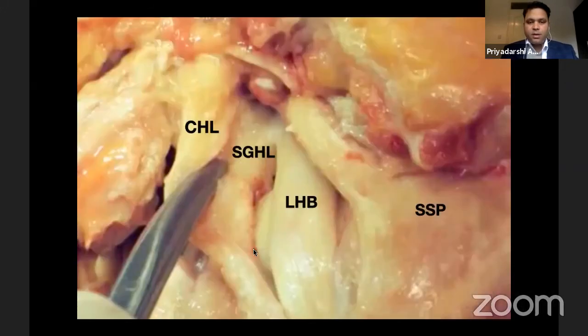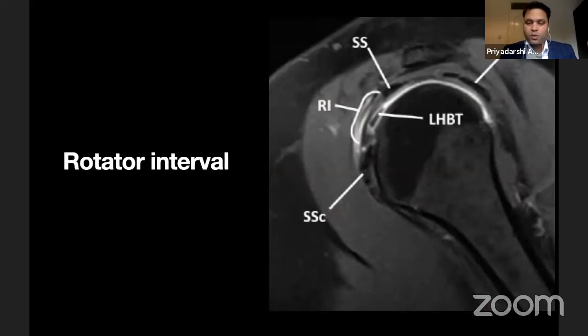So, having looked at all these structures, the long-headed biceps tendon, superior glenohumeral ligament, and coracohumeral ligament, these 3 structures form the basis of the rotator interval, the importance of which we have already heard. As you can see in this MRI image, that's the supraspinatus, the subscapularis, and the area between these 2 tendons is the structures composing the rotator interval.